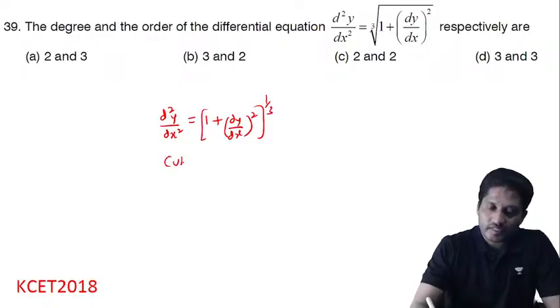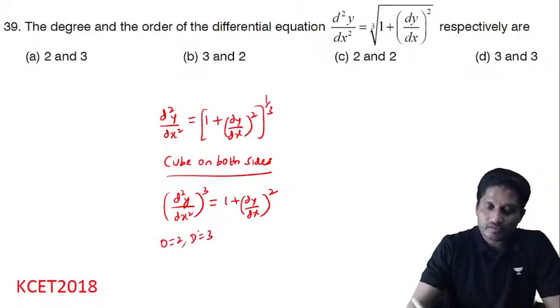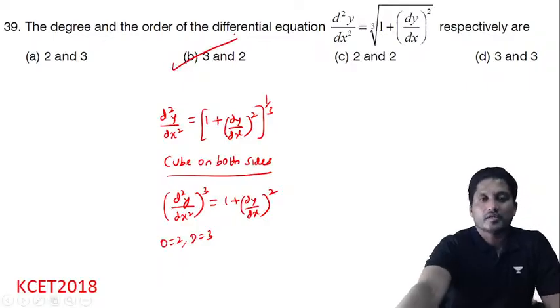You cube on both sides, and you get d square y upon dx square whole cube is equal to 1 plus dy by dx the whole square. Right, now order will be equal to 2, degree is equal to 3. We are supposed to find degree and order. Degree is 3, order is 2. This is option B.